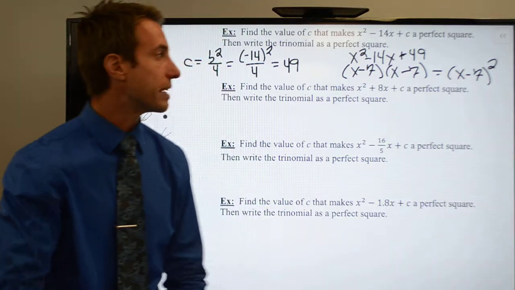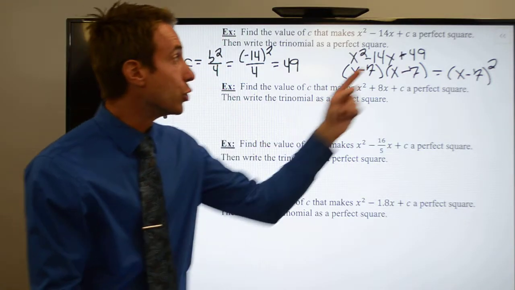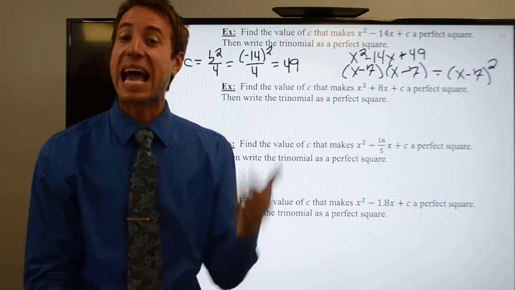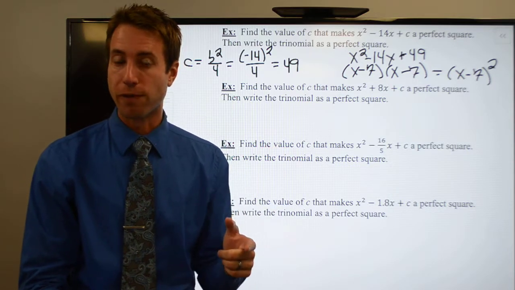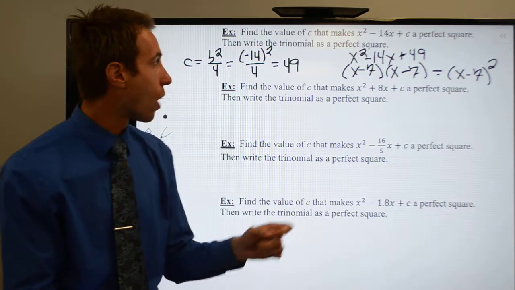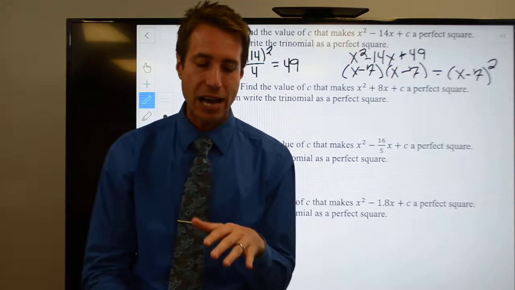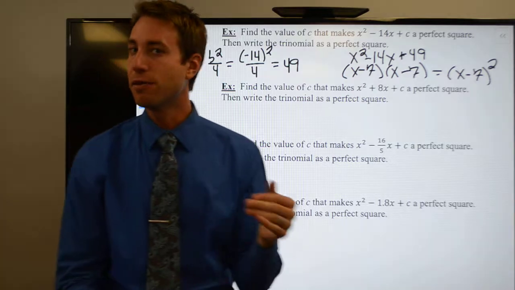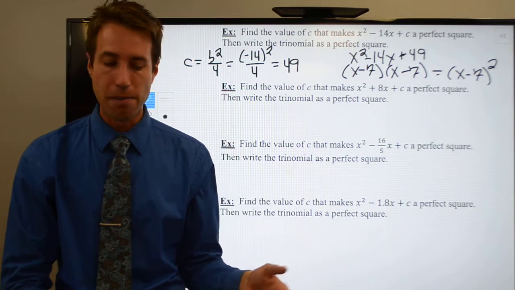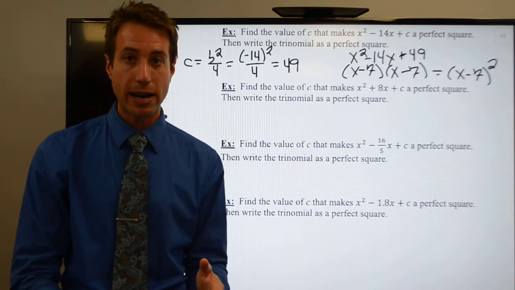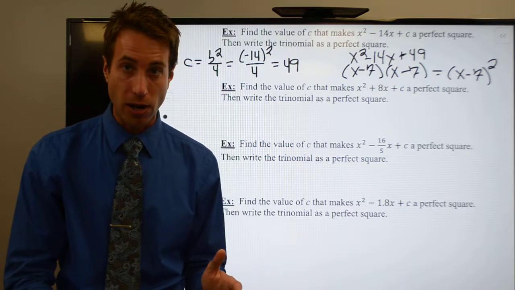It would be a good time to note, you will always be adding b squared over 4, and here's the reason why. Because you square b, it doesn't matter if b is a positive or a negative number. When you square a number, it will always be positive, right?